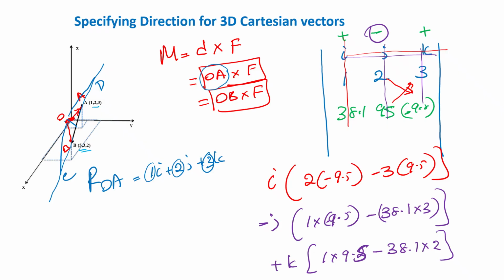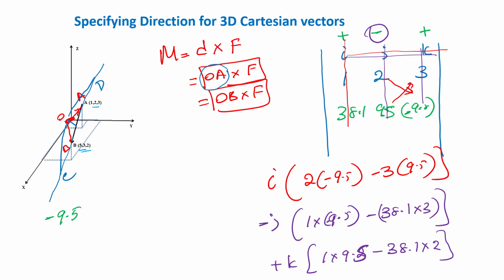Okay. So can you find me the moment now? Moment is a vector. It has something times I plus something times J plus something times K. So what do you get? Minus 9.5. Minus 5 times 9.5.